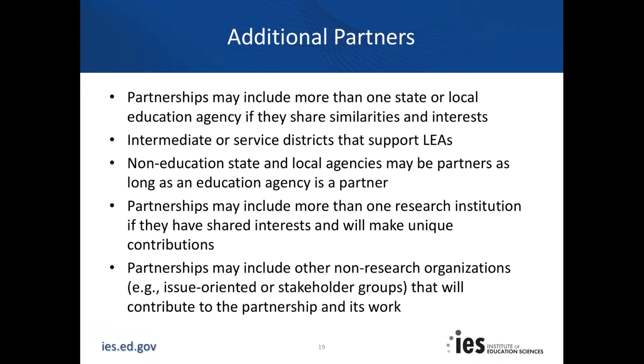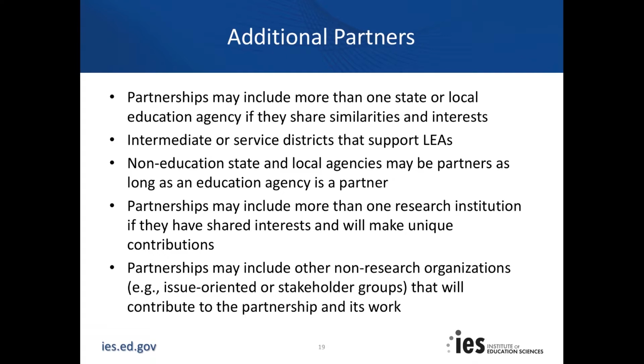Similarly, some states or districts contract out the implementation of a program, and it's helpful to include the contract organization as a partner. For example, a project evaluated the impact of literacy training for pre-K teachers in Ohio, run by a contractor of the state.